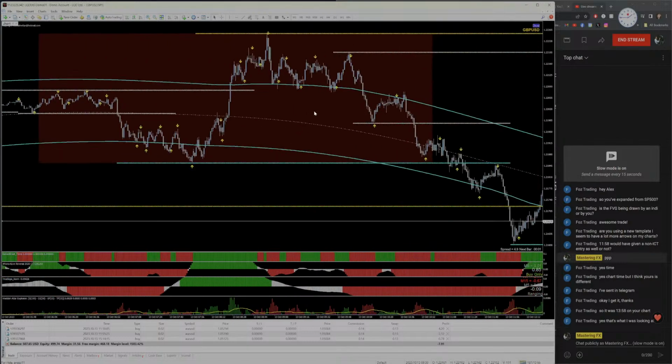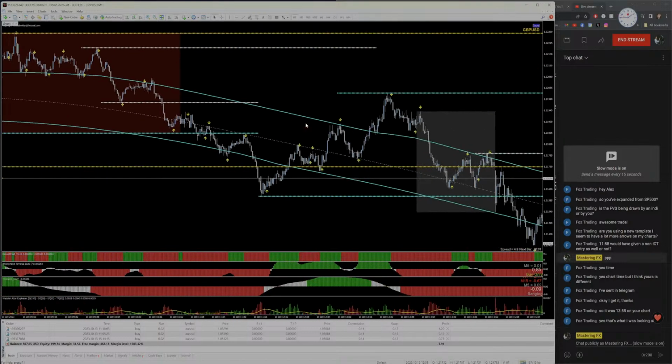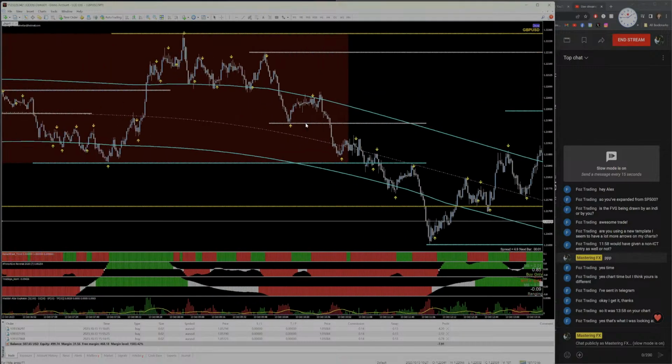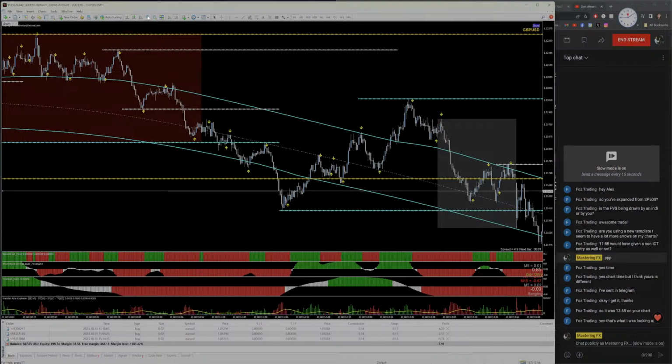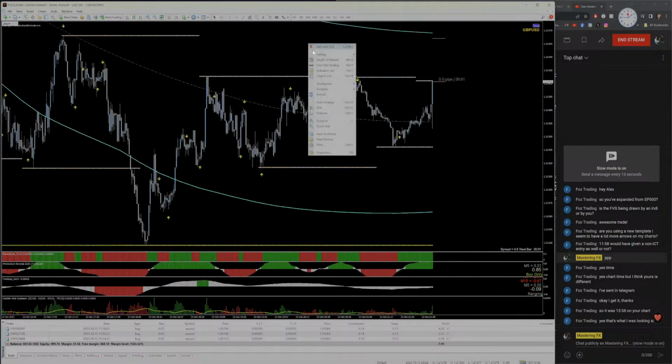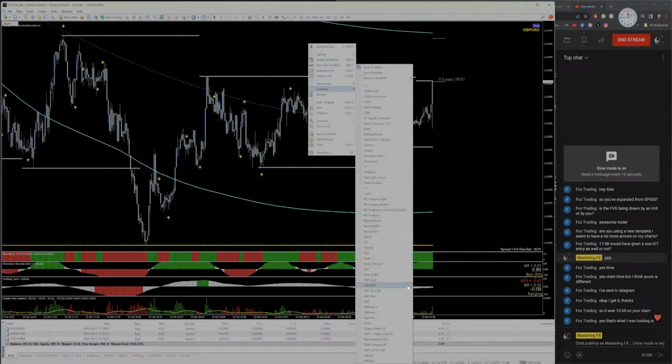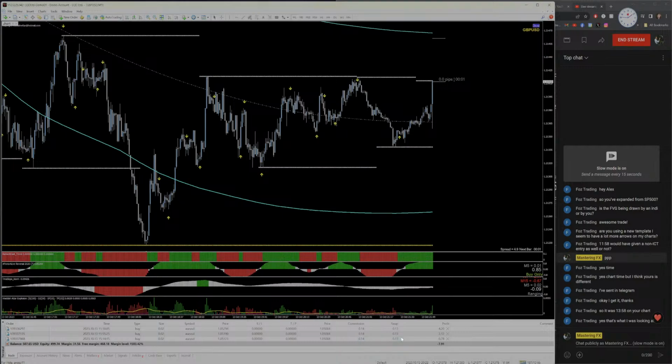Like I said, I did not trade this because I set up my challenge account on Friday, and I'm actually trading my 15-minute strategy, which is very similar to this one. Let me see. M15.